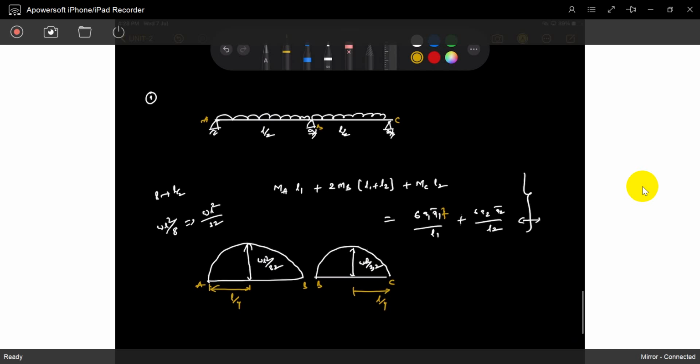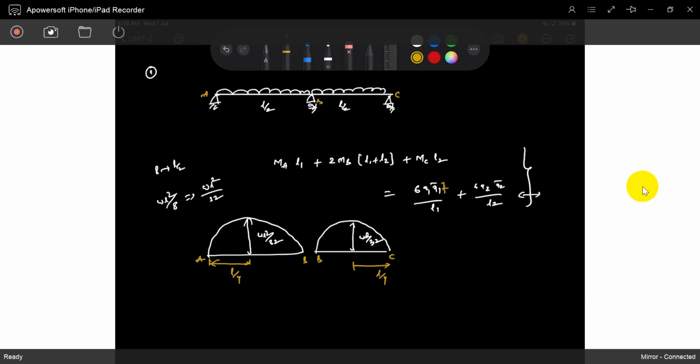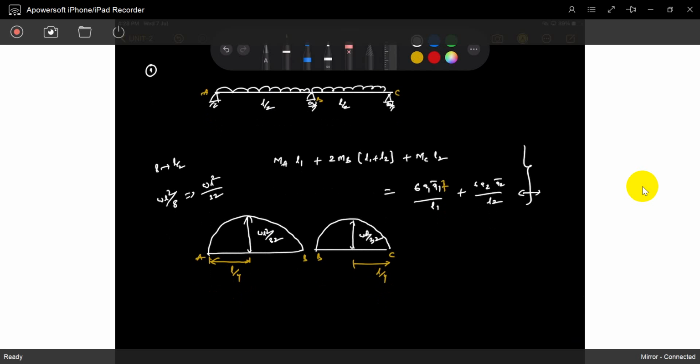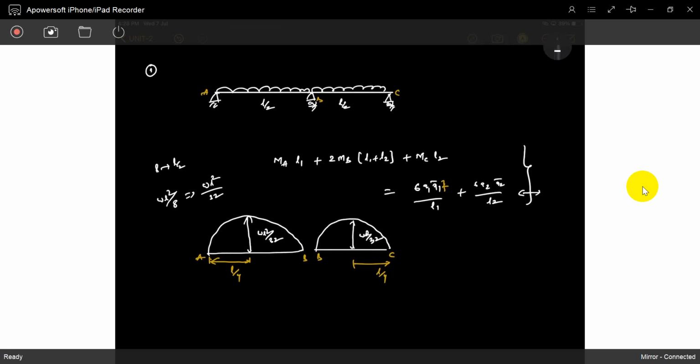Okay. Now apply the same formula. You already know MA is 0, because A is a simply supported hinge support. MC is also 0, because C is also a hinge support, not a fixed support.